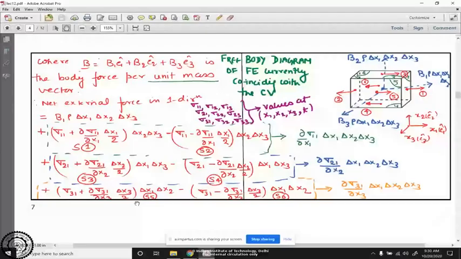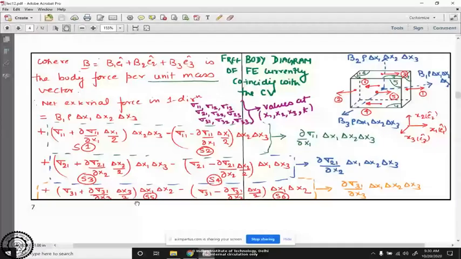Okay, so now we go back to deriving or drawing the free body diagram of the fluid element to identify forces only acting in one direction. So that's what I was doing in the last class. I was trying to apply F equals ma, Newton's second law, on this fluid element in one direction, because I was accounting for changes in one momentum of this fluid element.